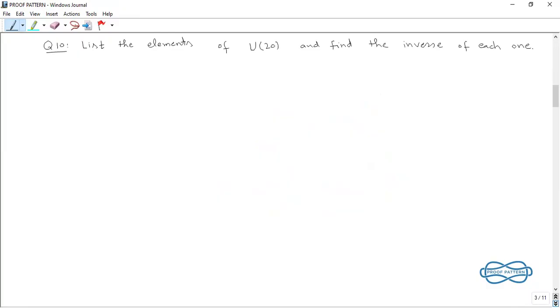Question number 10 is: list the elements of the unitary group under multiplication modulo 20 and find the inverse of each element. The easiest way is to construct the Cayley table. What is the unitary group under multiplication modulo 20?